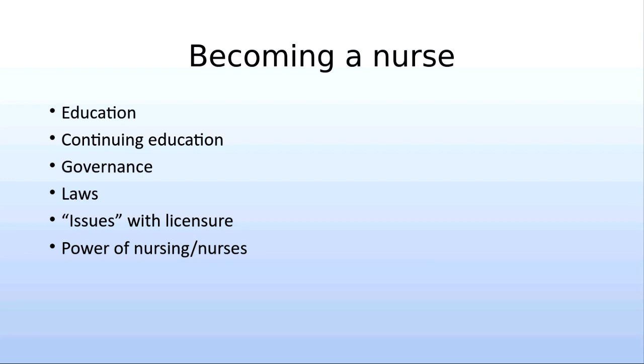And then we are discharging people earlier than we ever had before, so early discharge from healthcare institutions. These require all nurses in all settings to have a strong and current knowledge base from which to practice. So again, we will go more into detail as we go along on continuing education and the part that nurses play in governance in the organization, and laws, and the power that nurses have.